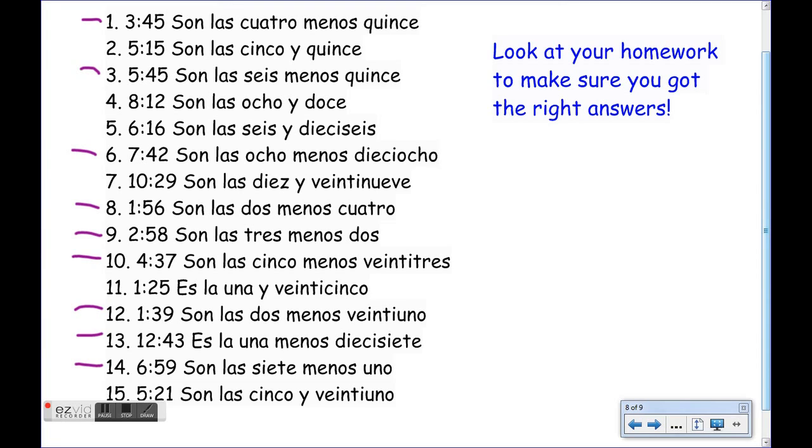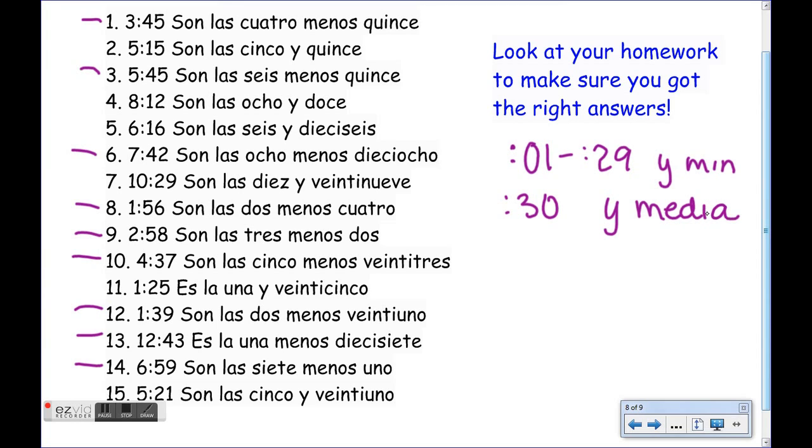Remember that when we're using analog form, if the minute is between 1 and 29, then we use y followed by the minute. If the minute is exactly 30, then we use y media.